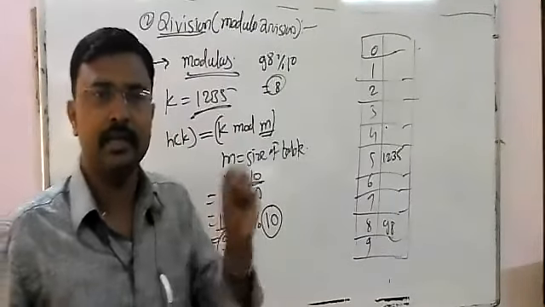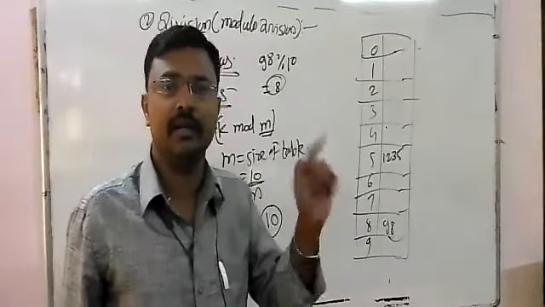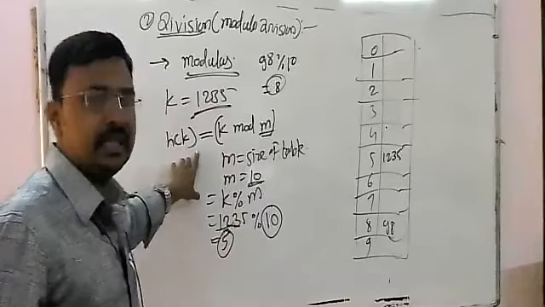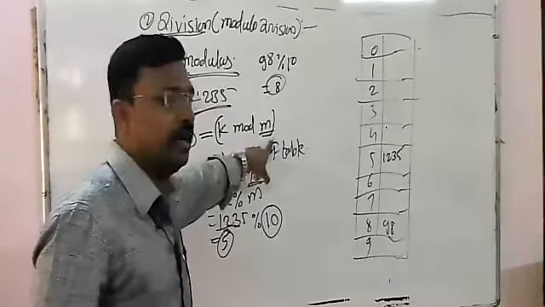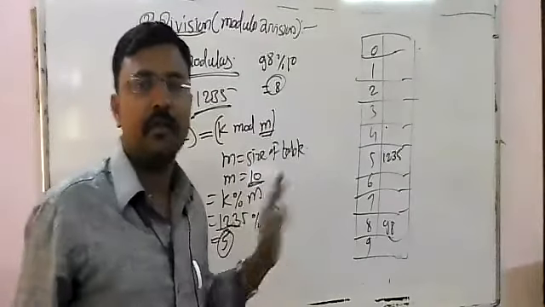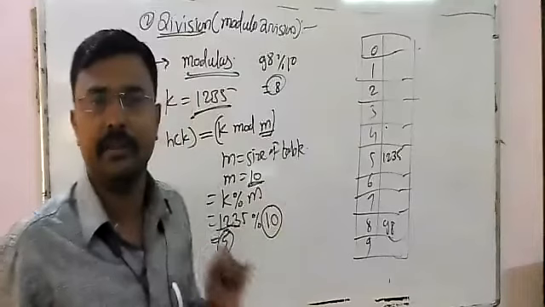And how is it calculated? H of k is equal to k mod m. This is the first hash function where we have calculated the hash value.